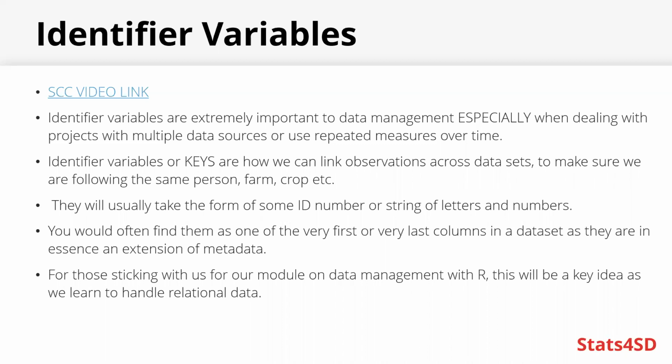So you need some way of linking these data sources together so you know you're dealing with the same person, the same plot, etc. These identifier variables are often called keys in the database and data science way of looking at things. Now, how can we link these observations across our data sets and make sure that we are following the same person?